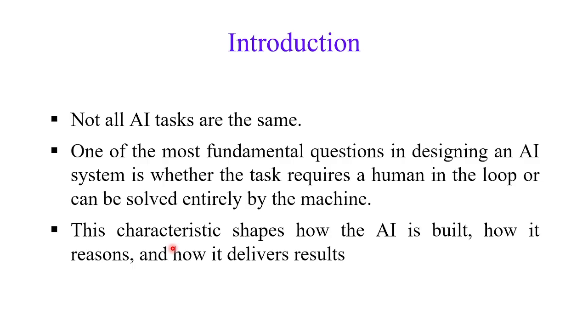So this single characteristic changes everything about how the AI is built. A system that talks to humans needs very different capabilities from one that just processes data in the background.